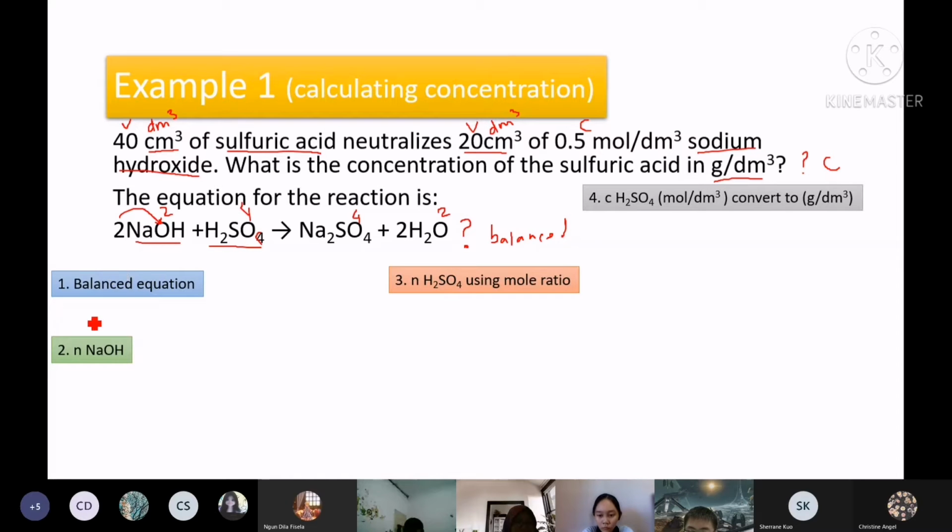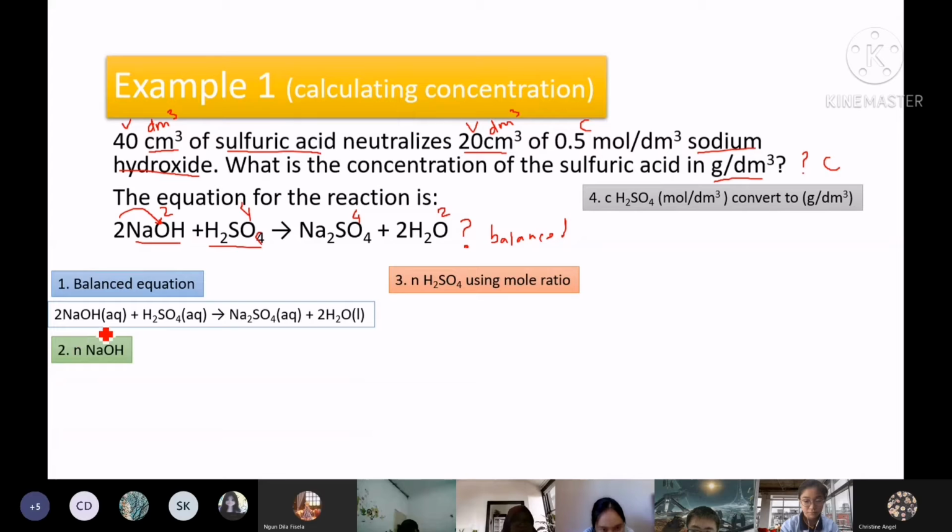So the balanced equation, we just write the same equation: 2NaOH plus H2SO4 equals Na2SO4 plus 2H2O. The same. And then remember to calculate, the question asks for the concentration.